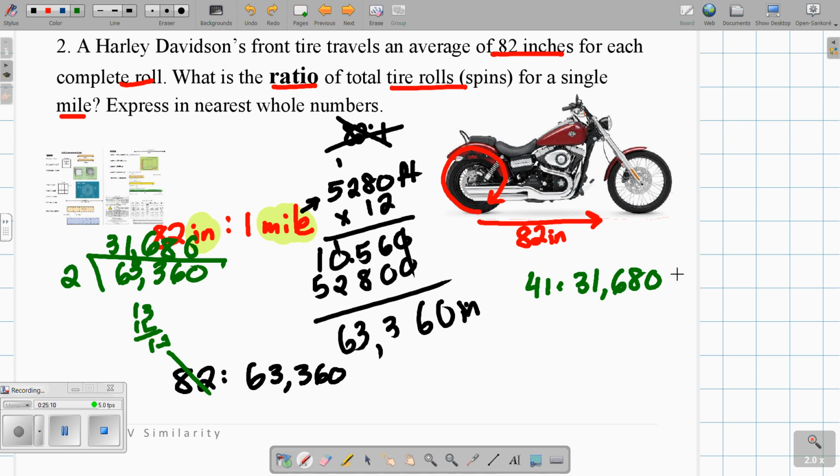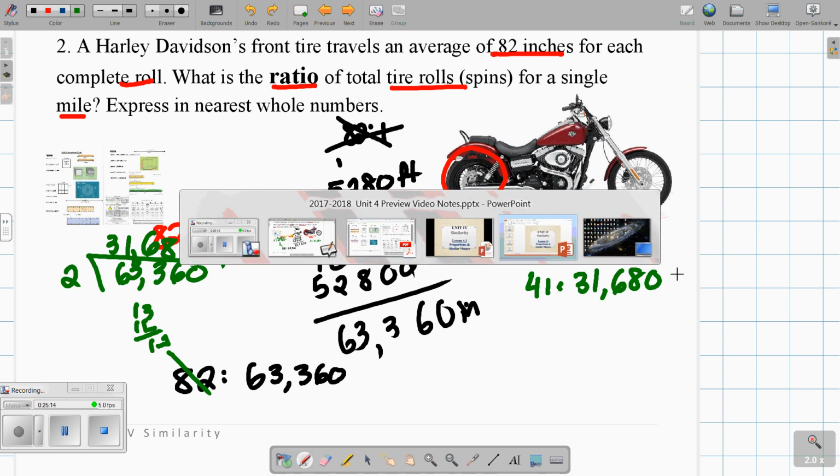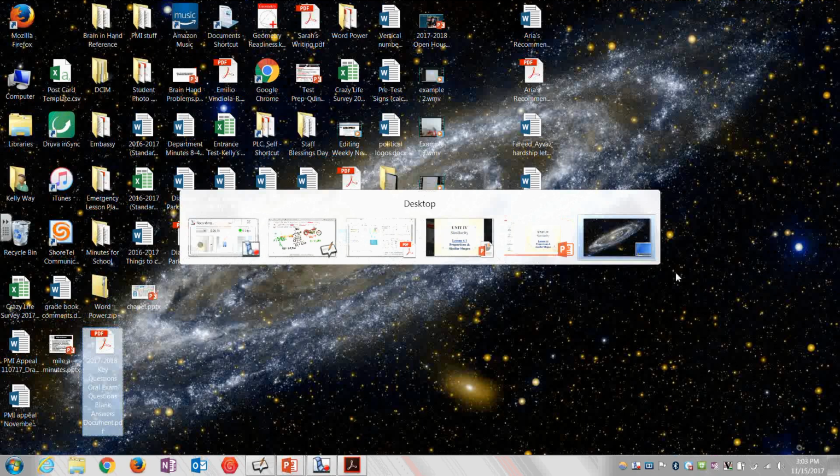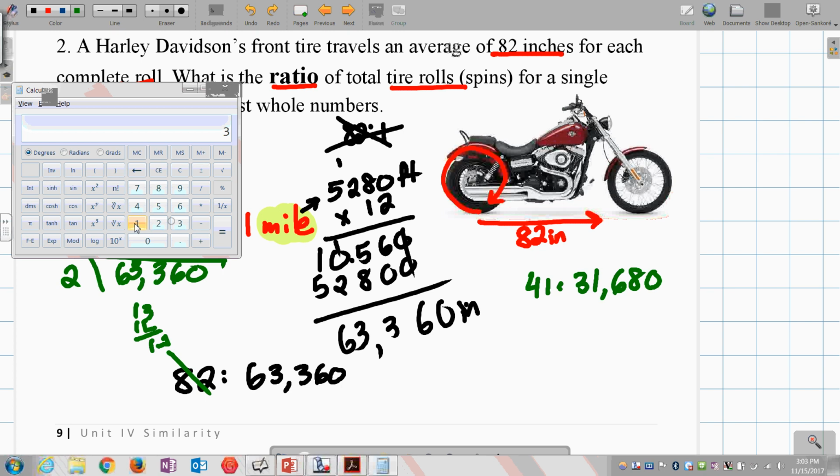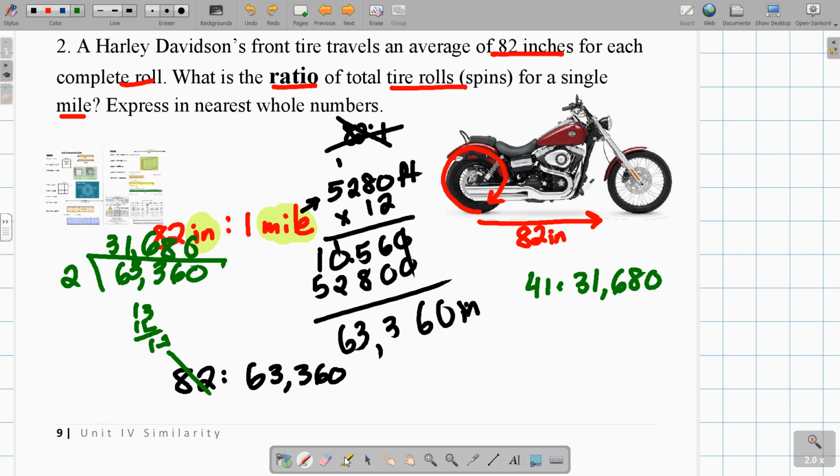And 41 is prime, so you're welcome to check here just with your calculator to check that prime number. 31,680 divided by 41. That's not even, so your lowest ratio is right there.